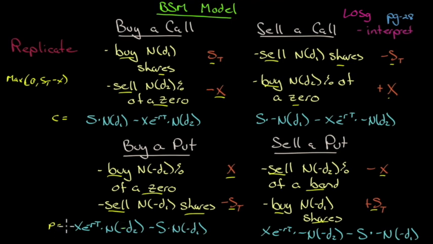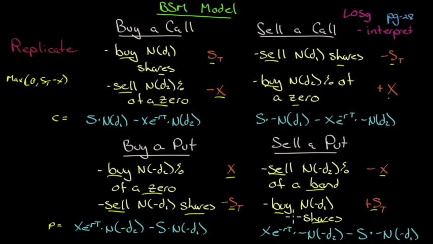We've seen this. This is where it might get a little bit tricky for you. Now we're going to sell a call. Notice what happens here: a negative sign appears outside, negative ND1 minus, negative ND2. That is selling a call.